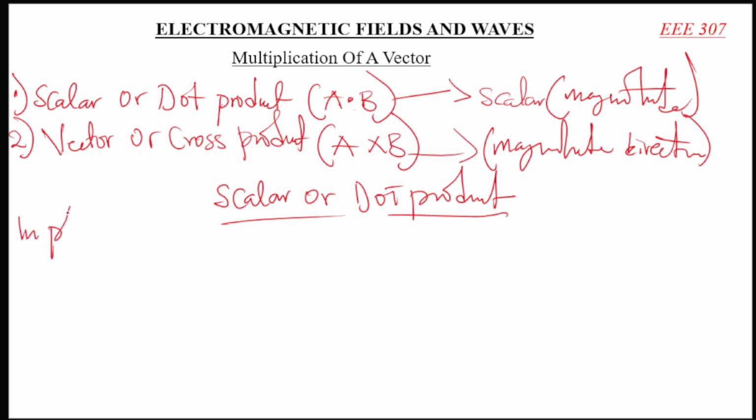Take down this note: when we have two unit vectors of the same quantity multiplying themselves, for a scalar product, your answer will simply be 1. I come again: when we have two unit vectors of the same quantity multiplying themselves, your answer becomes 1.